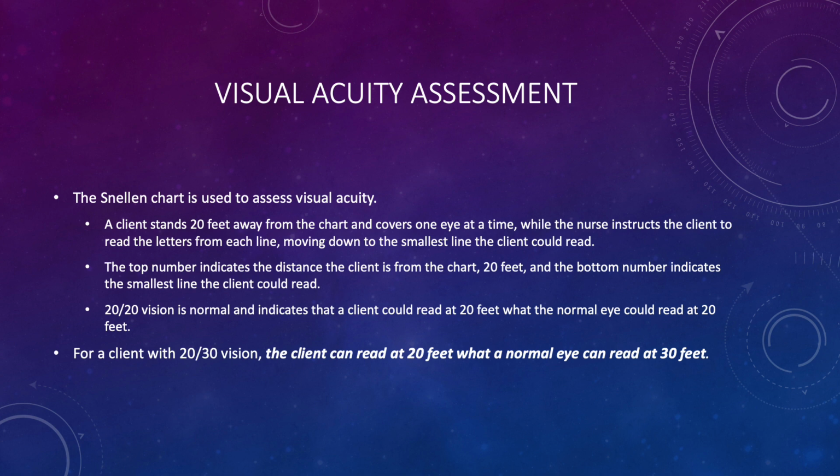So that's how I want you to remember this. With 20/30 vision, a regular person can read it at 30 feet, but I can only read it at 20 feet, okay? So that's the deficit right there. And that's basically all you need to know about the Snellen chart, visual acuity. So make sure that you understand these concepts and then move on to the next slide.